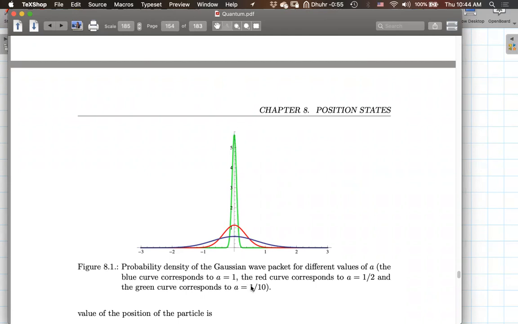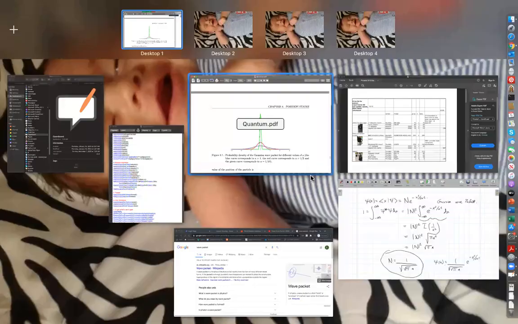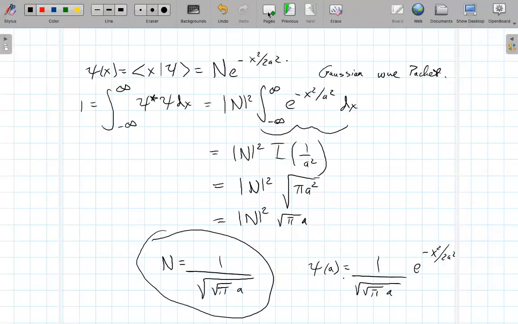Which means that if a goes to 0, it's going to have 0 width with infinite height. Another thing we know which has 0 width with infinite height is the Dirac delta function. It turns out that one of the definitions of the Dirac delta function is a Gaussian in the limit that a goes to 0. So this is one observation we can make.